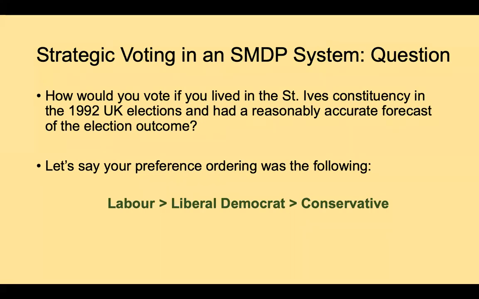Now, as the voter, we go into the election with this preference order. In an ideal world, we would want to see Labor elected first, Liberal Democrats elected second, and the Conservatives elected third. We go into the election with this preference order. The system is a single member district plurality system.